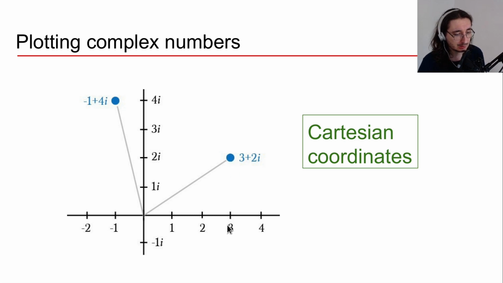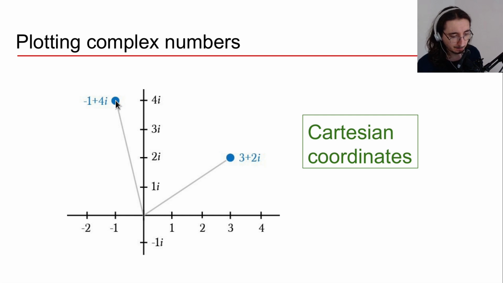And so when we connect these two coordinates, we get this point over here, which is 3 plus 2i. Now here we have another example, which is minus 1 plus 4i, and as you can see, we go down to minus 1 on the real axis and 4i on the imaginary axis, and here we have this point.